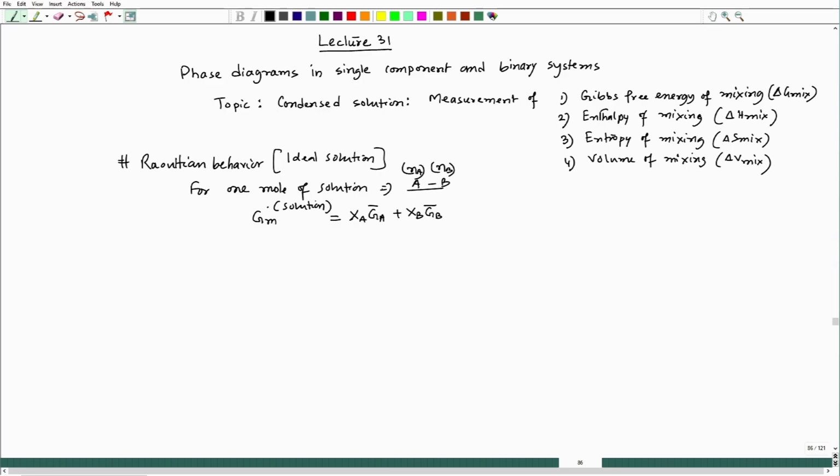And the temperature as well as pressure are both constant.